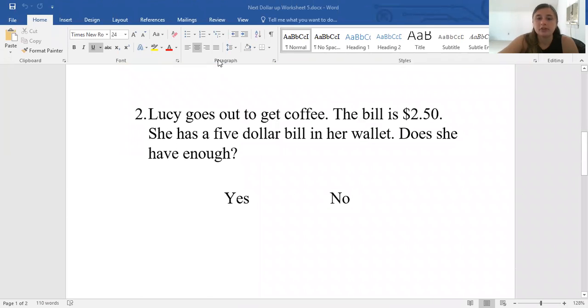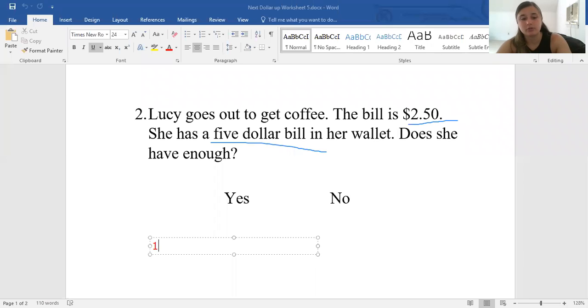Okay, Lucy goes out to buy coffee. The bill is $2.50. She has a $5 bill in her wallet. Does she have enough? So let's do a number line. So if our total is $2.50, it's going to fall right around here.